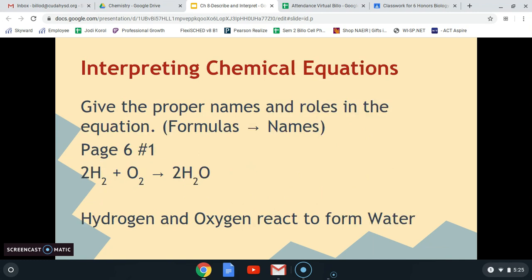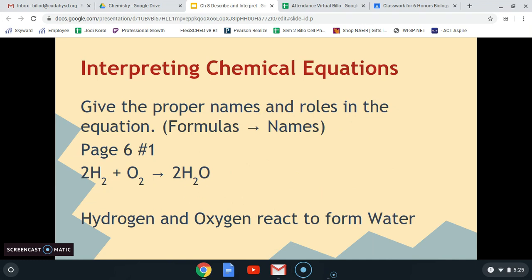So take a look at page 6, number 1. Real simple example here. When I read this out, when I ask you to interpret, for the time being, I don't care if you tell me the number of moles involved. For the time being, just tell me what the compounds are, which ones react, and which ones are formed.